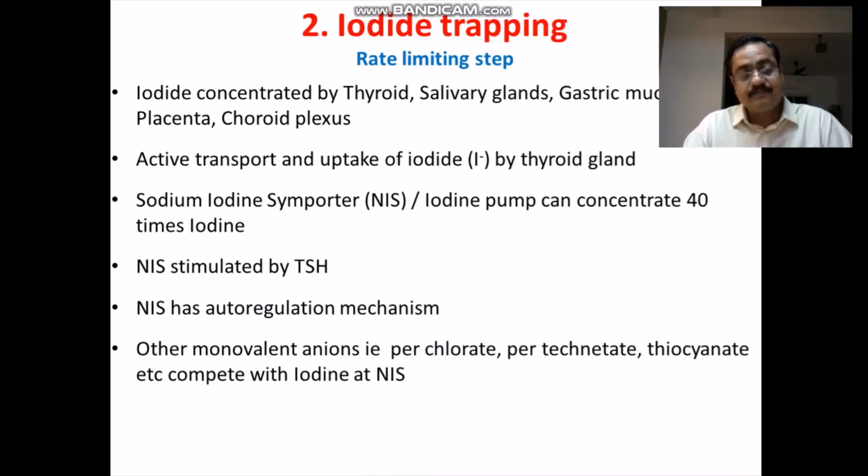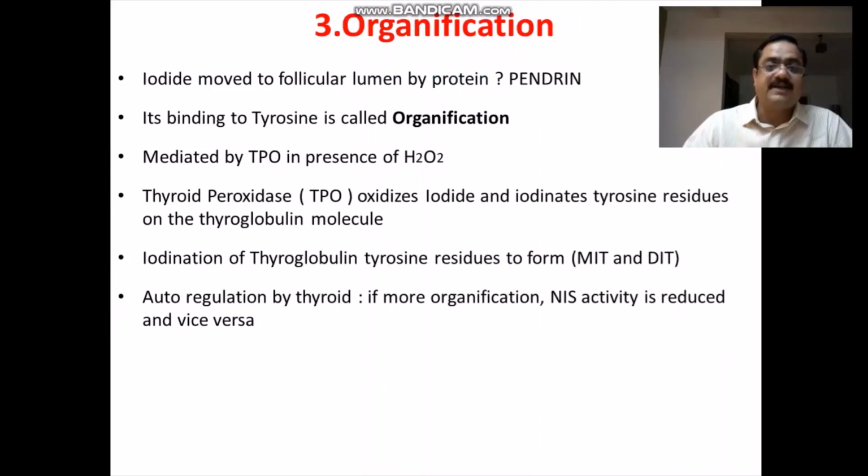This sodium iodide symporter is stimulated by TSH, and this NIS has an autoregulation mechanism. Other monovalent anions like perchlorate, pertechnetate, thiocyanate also compete with iodine at NIS. So that's why these different radioactive salts can be used for thyroid scan, the diagnosis of various thyroid disorders.